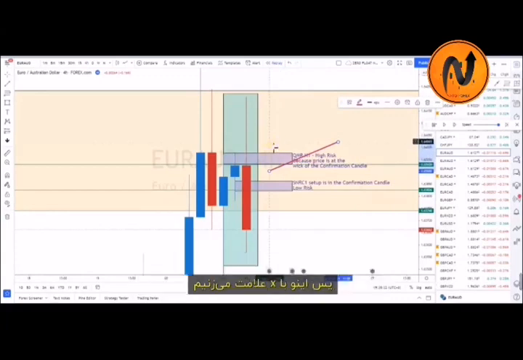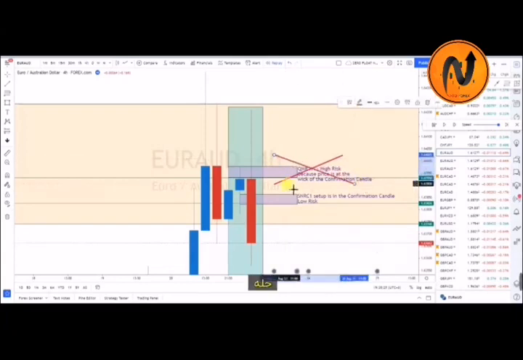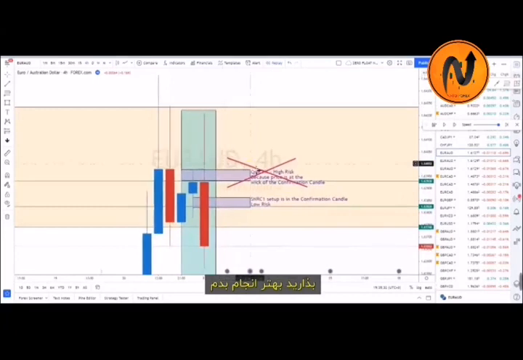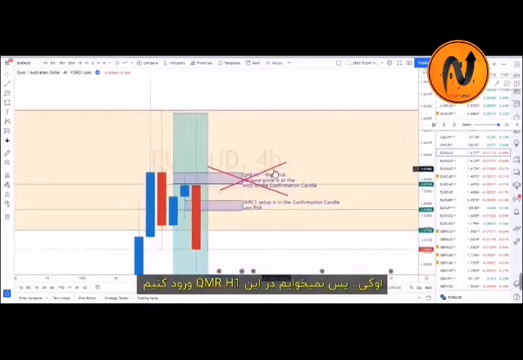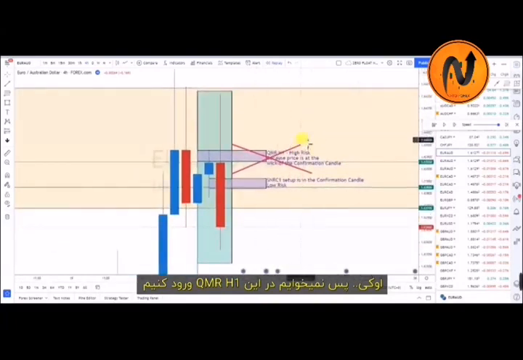Okay, so we're gonna mark an X. There we go. Let me put it here, much better. Okay, X. So we do not want to enter the QMR H1. We will only enter the SNRC1 setup.